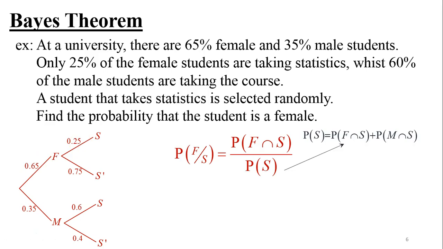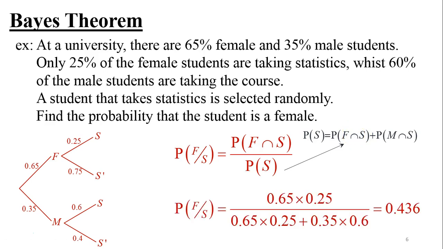While for the probability of S, since the females and males form a partition of the universe, then the probability of taking statistics of a student chosen to take statistics, that's the probability of F inter S plus the probability of M inter S, which you usually do intuitively through the tree diagram.